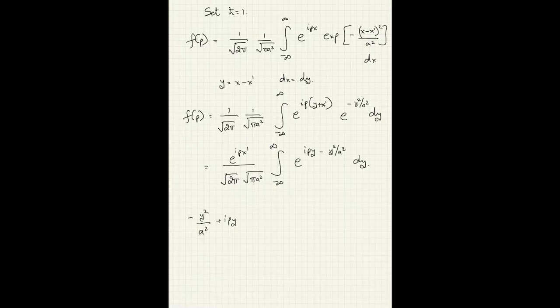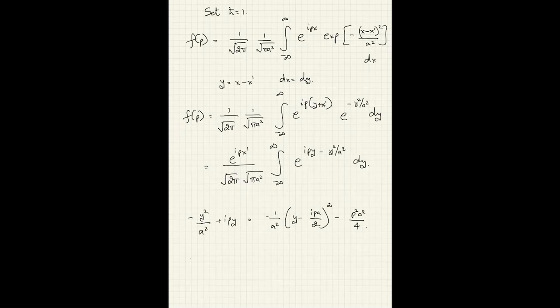So with a little bit of algebra, you can actually work out that this quantity can be written as minus 1 over a square, y minus ipa square over 2 quantity square, minus p square a square over 4. Okay. So you can quickly verify that this and this are exact same things because I have simply added and subtracted the quantity ipa square over 2 quantity square. Okay.